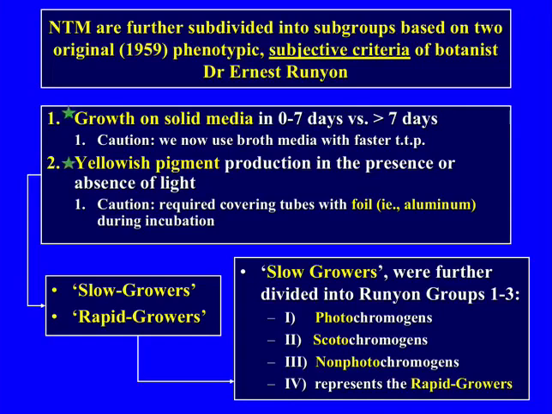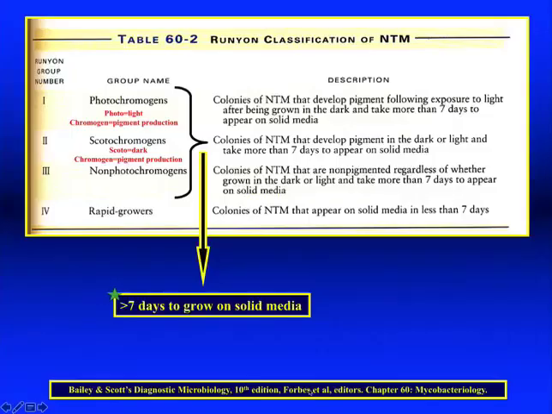Based on those two criteria, he broke all the NTMs for us into slow growers and rapid growers. And the slow growers, he further broke them down into groups 1, 2, and 3 of the Runyon groups: the photochromogens, scotochromogens, and the non-photochromogens. And then the rapid growers would be Runyon group 4, which I'll define momentarily.